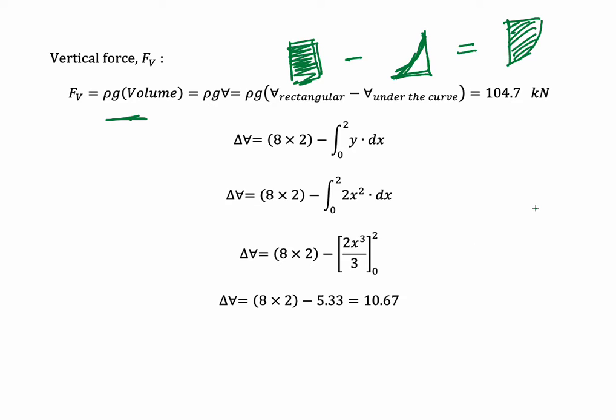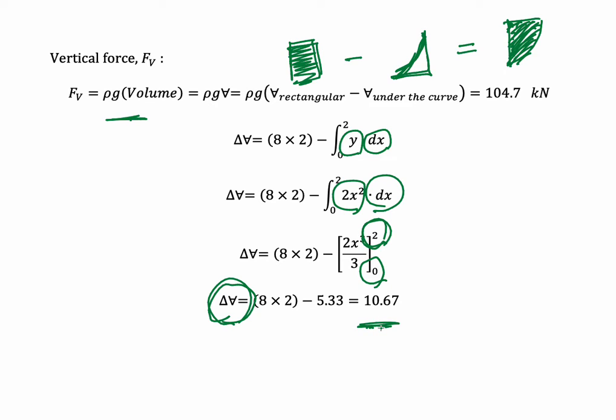We need to replace the value of y, because we integrate with respect to dx, so it is equal to 2x squared. The limit is 0 to 2 because the integration is on the x-axis. Then we get that the volume above the curve line is equal to 10.67.